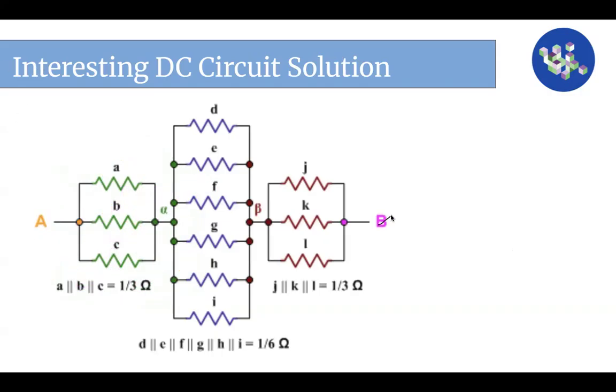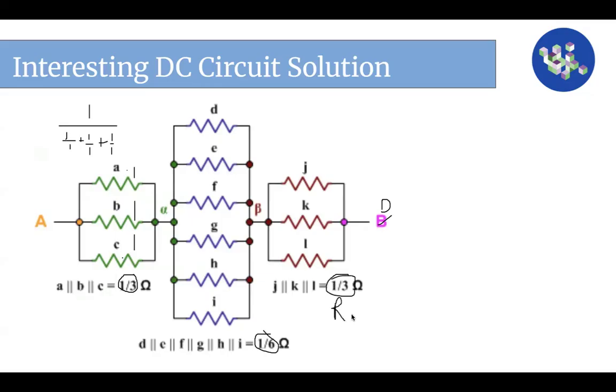In this 2D diagram, this is supposed to be D, by the way. We have these three resistors in our first group, the six resistors in our second group, and the other three resistors in our third group. Since each is 1 ohm, the equivalent resistance is 1 over 1 over 1 plus 1 over 1 plus 1 over 1, which is 1 over 3, so 1/3. Same thing here, you get 1/6. Same thing here, you get 1/3.